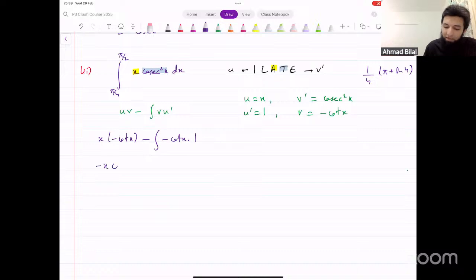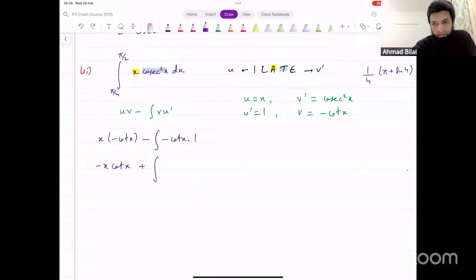So we have minus x into cot x plus integration of cot x. How do we integrate cot? Quickly, you need to remember this. How do we integrate cot? Using the ln rule, right?